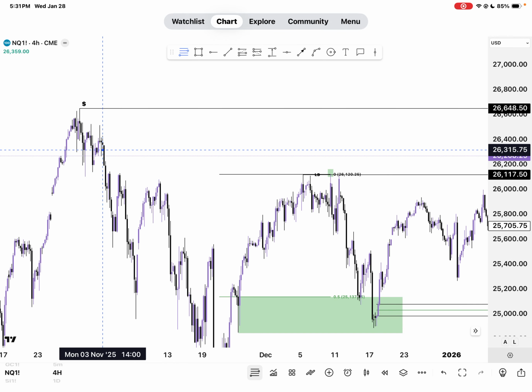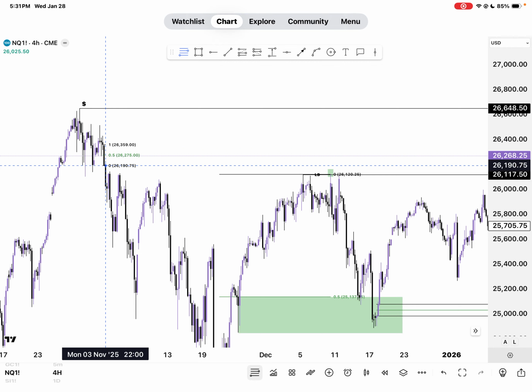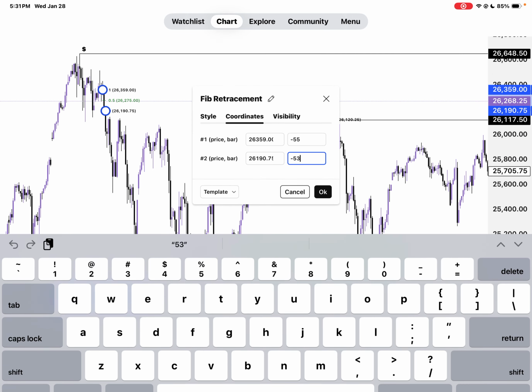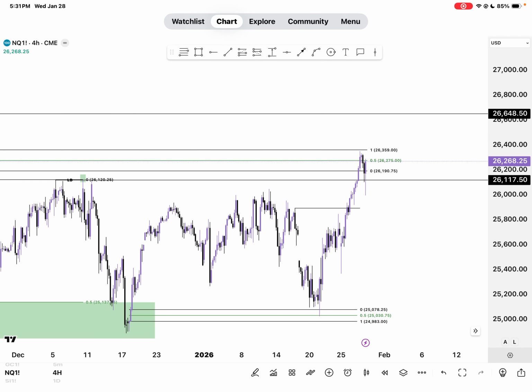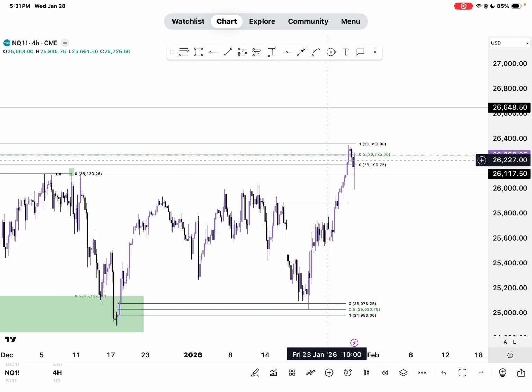That is counter to the bullish trend or the bullish bias. All right, so we mitigated that, and then we had a fairly decent response from it.